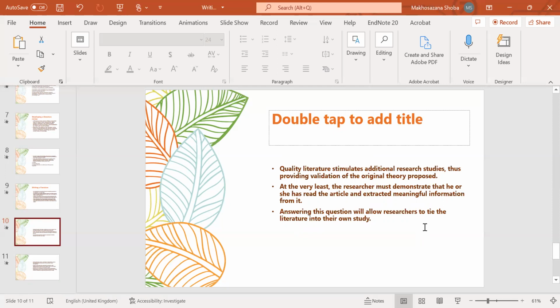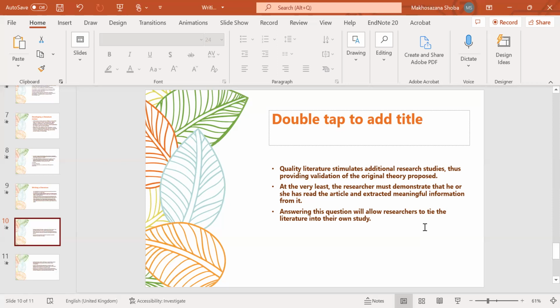When you have written a good quality literature review, it becomes easy to validate the new theory proposed, to say, these were the studies written before, and this is what they said, and therefore we can call this a valid and original theory, because we know what this author wrote about, we know what the field looks like, and therefore this is how we are going to theorize our new theory.